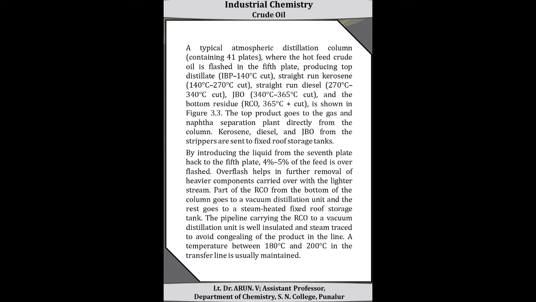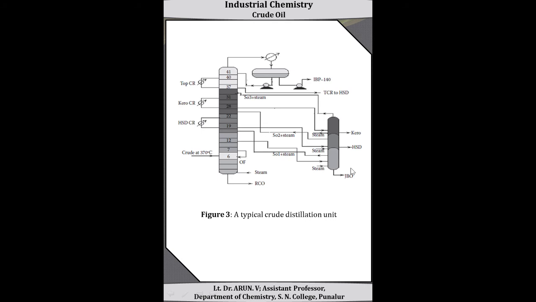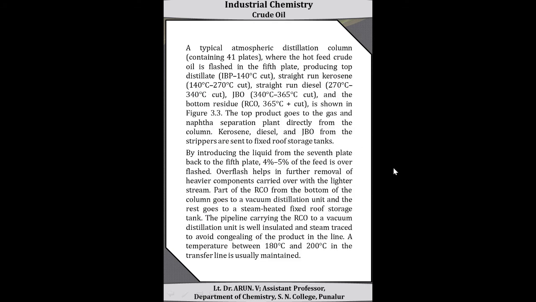Here we get IBP to 140 degrees centigrade cut, straight run kerosene in between the temperature 140 to 270 degrees cut, straight run diesel cut in between the temperature 270 to 340 degrees centigrade, and JBO cut in between the temperature 340 to 360 degrees centigrade, and the bottom residue, that is RCO, is obtained at 360 degrees centigrade, and these are shown in this figure, which shows a typical crude distillation unit.